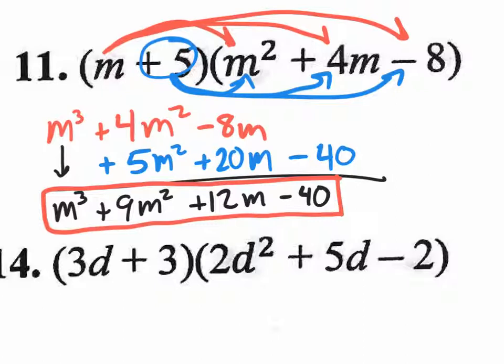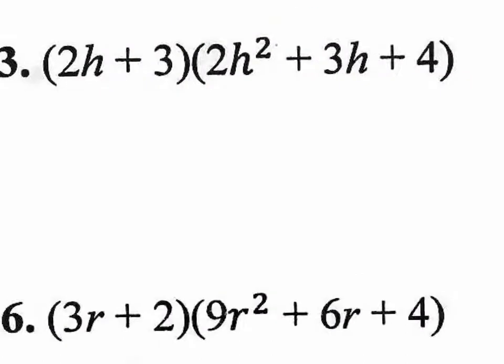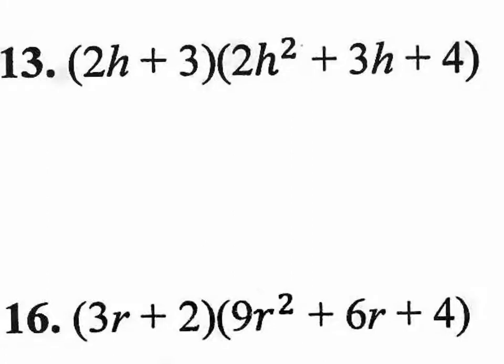Let's move on to number 13. Distributing 2h times 2h squared. What's 2 times 2? 2 times 2 is 4. But how about h times h squared? H cubed. Right? You do the coefficients first. 2 times 2 is 4.